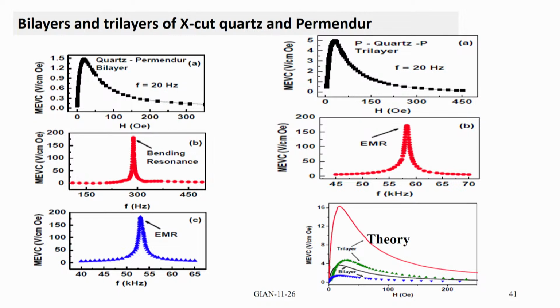The values are quite good, comparable to what you got for LGT or LGS. And these are the low frequency values for 20 hertz of AC magnetic field. And these are quite high values compared to what we measured for PZT or PMN-PT.